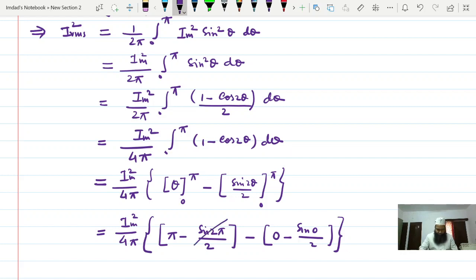This all becomes 0 and this will also become 0.